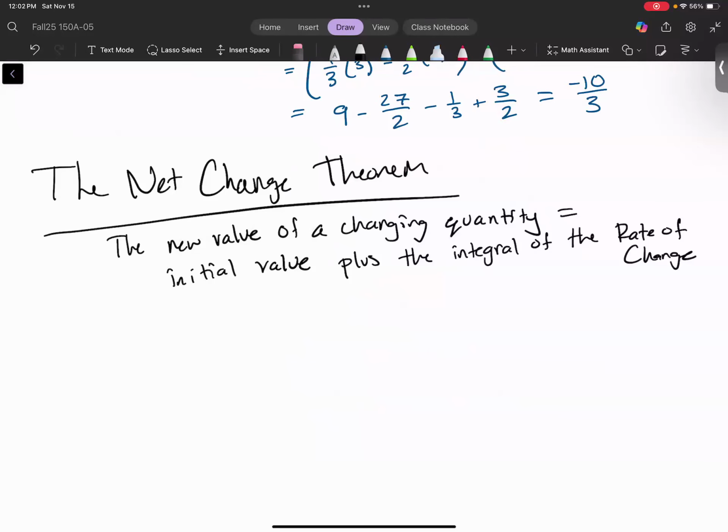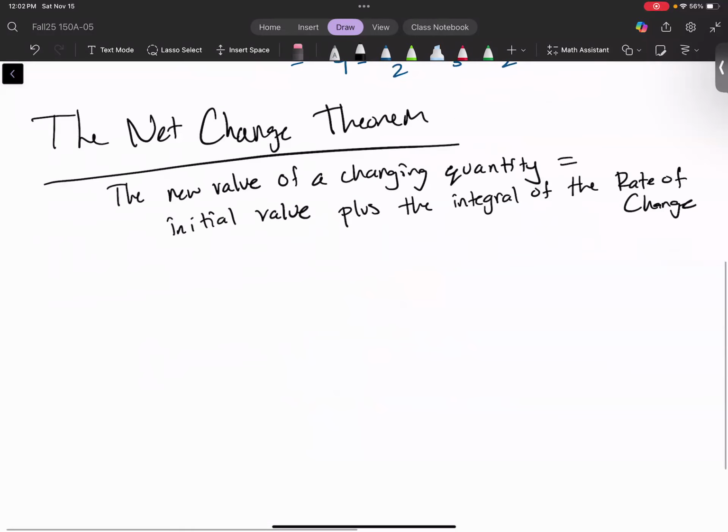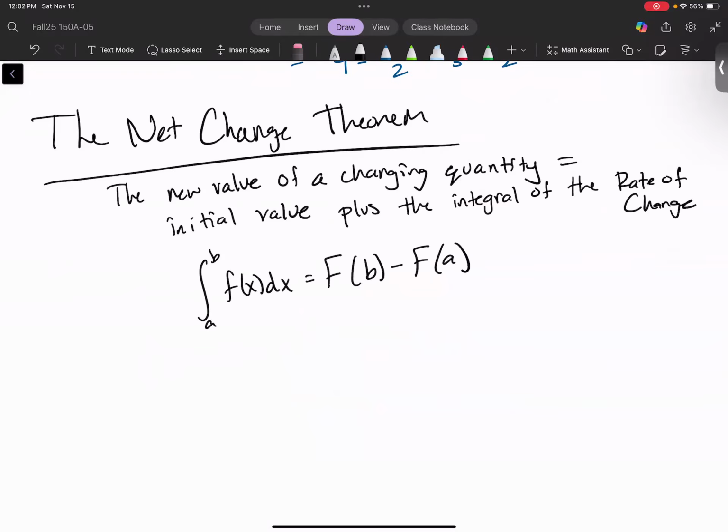Okay, so what's going on there? Well, remember our two pieces. The integral from a to b of f of x dx is capital F of b minus capital F of a. Okay. So that's our evaluation tool, right? We have a function, we find the antiderivative of it, and then we plug in the bounds to do that subtraction.